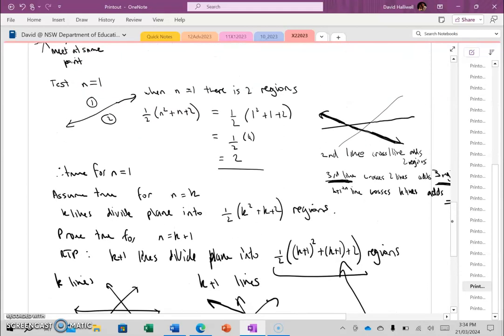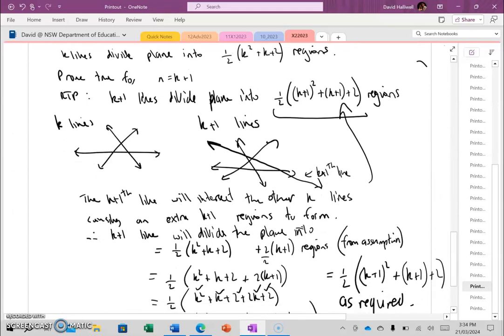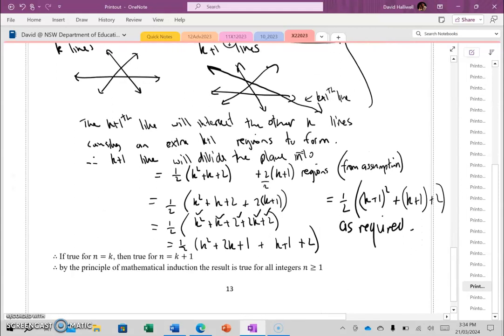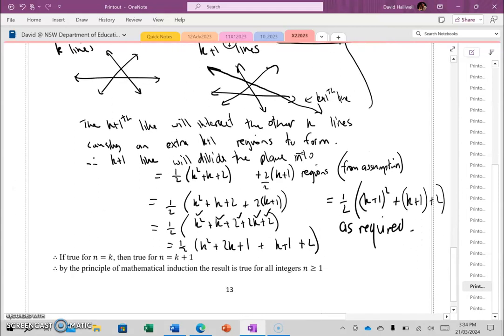I started a pattern with one line and I added another line and I saw what happened, and then I added another line, I saw what happened, and I could sort of see the pattern that was being produced. And a good geometric proof has a good diagram and a brief explanation after explaining. All right, so that's that question.